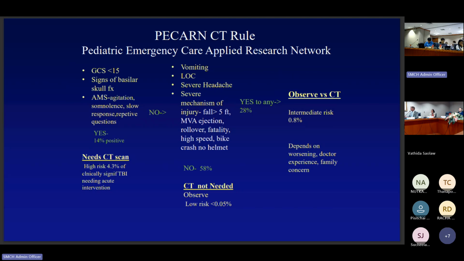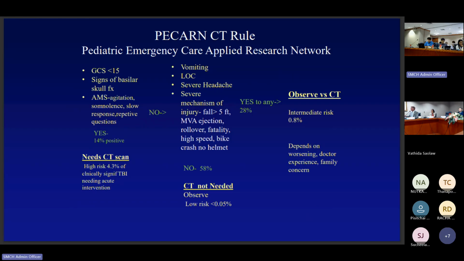And when you do that CT scan, they have a 4.3% risk of a clinically significant bleed or severe TBI needing intervention. So even when it's positive, they still have a pretty low risk, but it's compared to almost zero on this side.